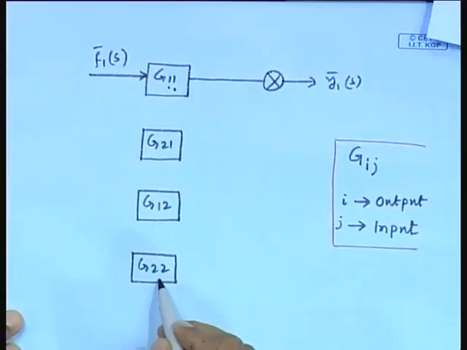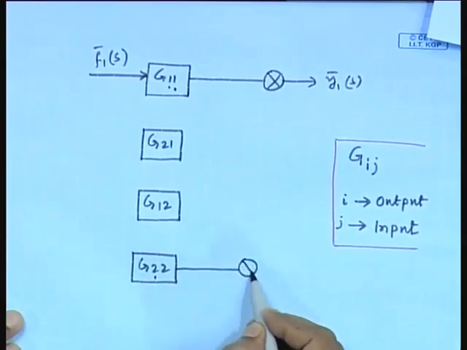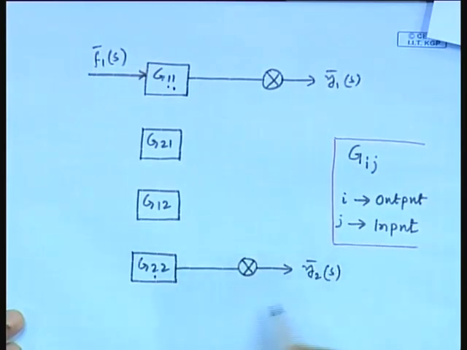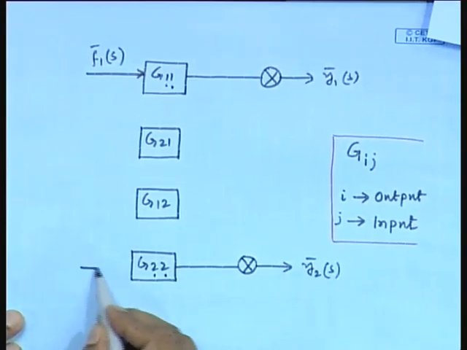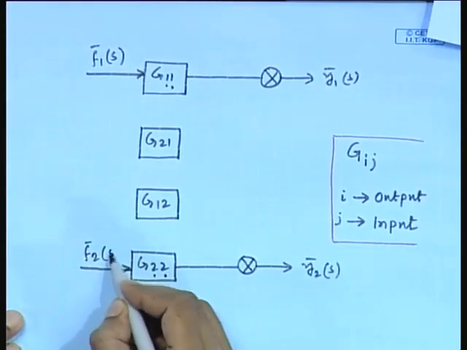Similarly, for the last transfer function, G22, first suffix 2 indicates the output, so output will be y2, second suffix 2 indicates input. Second input is basically f2 bar s.